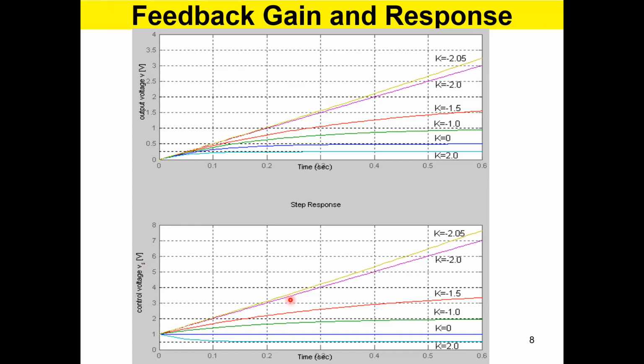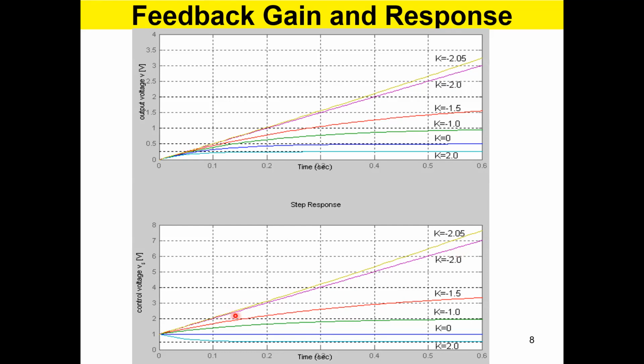So for various values of K: K equals 0, it's like this. K equals -1. -1.5. Then -2. Rigid body dynamics.